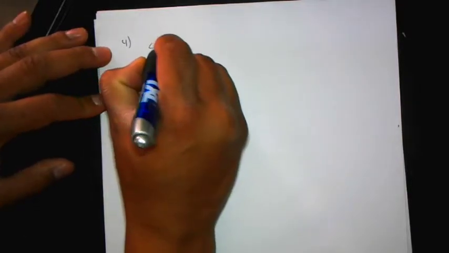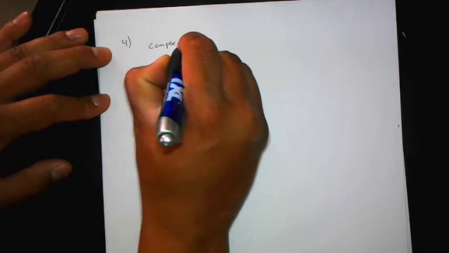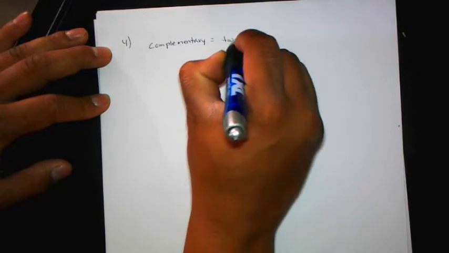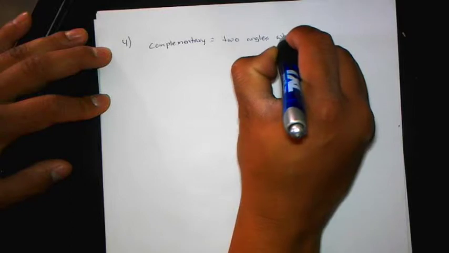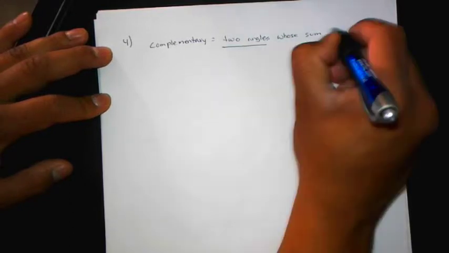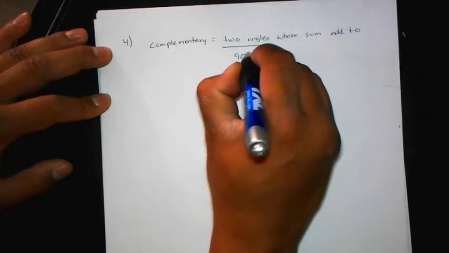Okay, so first of all, you have to know that complementary, and hopefully I spelled it right, is two angles whose sum adds to 90 degrees.